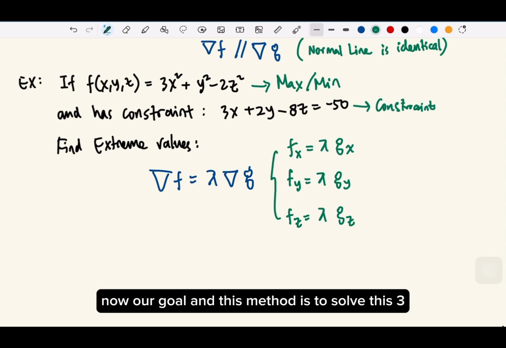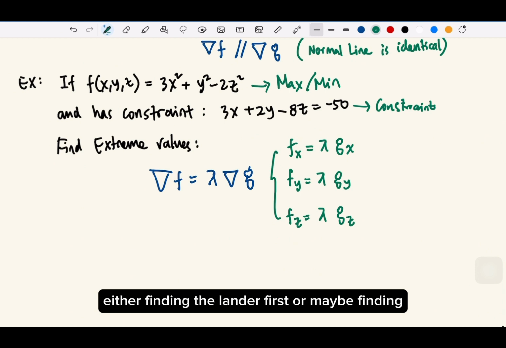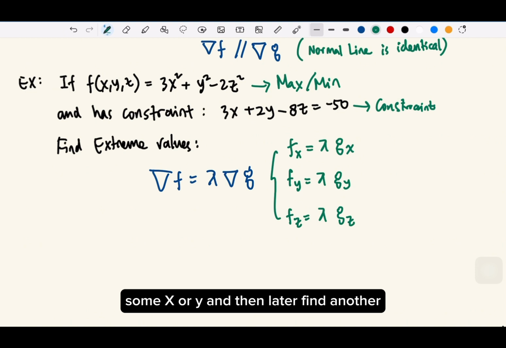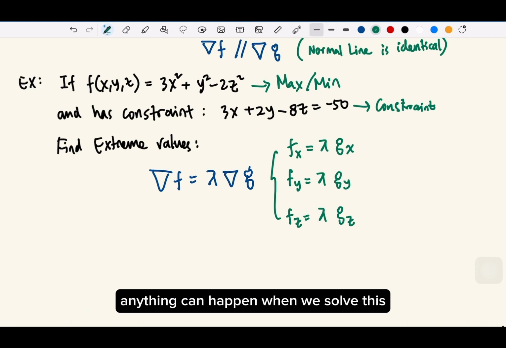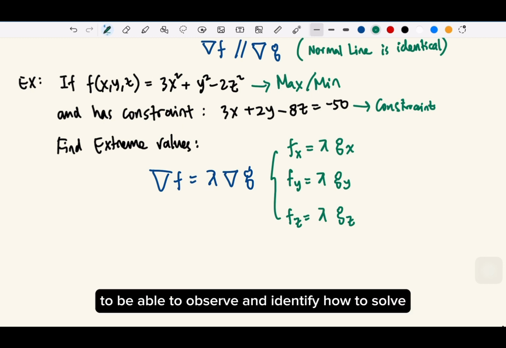Now our goal in this method is to solve these three, either finding the lambda first, or maybe finding some x or y, and then later finding the lambda. Anything can happen when we solve this. So you need to be able to observe and identify how to solve.